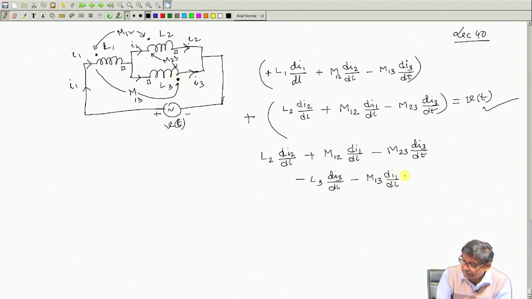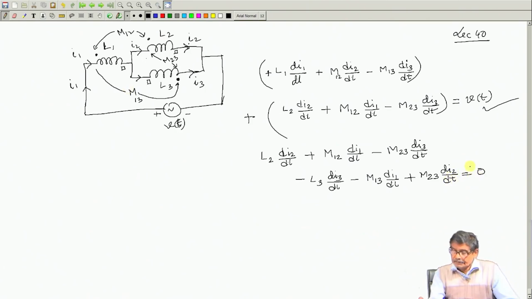So, this will be plus M23 di2/dt, and that must be equal to 0. That is what I am telling. So, this is the thing, correct.